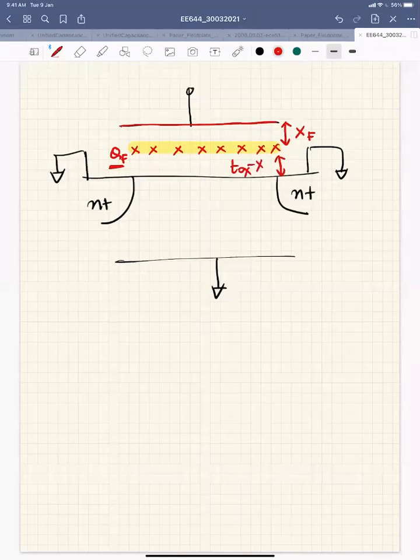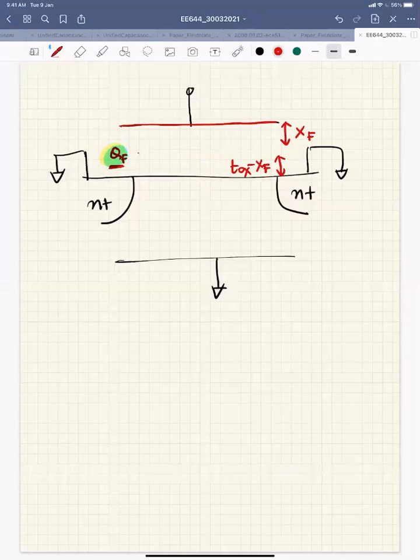If I ask you, what will be the effect of this fixed charge on the threshold voltage? Assuming your fixed charge QF is negative, let me erase this and put negative charges.